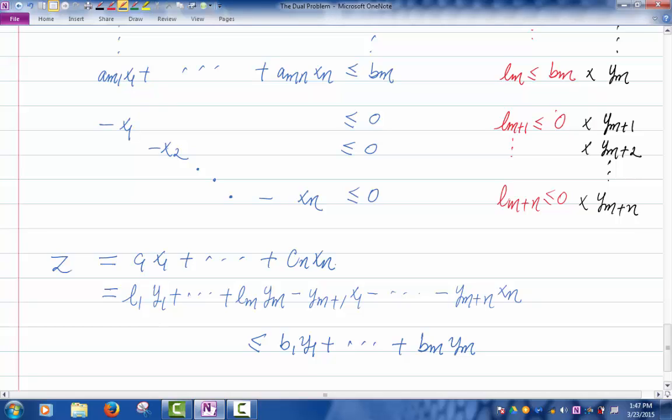But what I want you to take from here is that I haven't really justified why this idea is going to work. That is, I can actually choose y1 up to ym plus n in such a way that I do get z on the left. Okay?